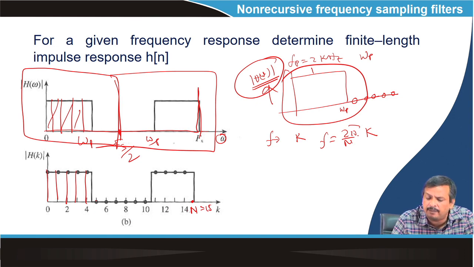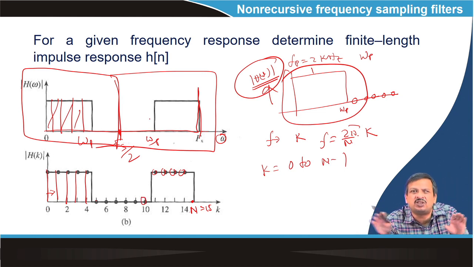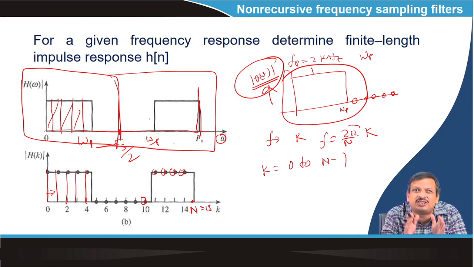If I take N samples, then the resolution is 2 pi by N into k, so that becomes k, and k varies from 0 to N minus 1. So I take those samples. Instead of taking the continuous frequency response, I sample the frequency response. That's why it is called the frequency sampling method.